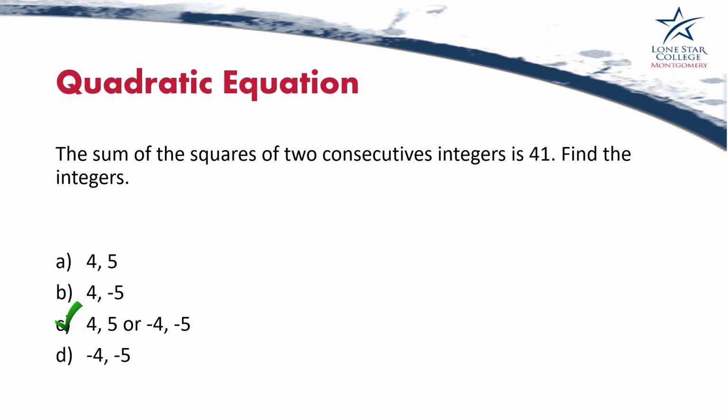You have to be careful, because A and D are also possible answer choices. But we got two answers for x: we got 4 and we got negative 5. We have to consider that those are two specific, different cases. And that's why those different cases result in two different next consecutive numbers as well. It will be negative 4 and positive 5 as the next number after those.